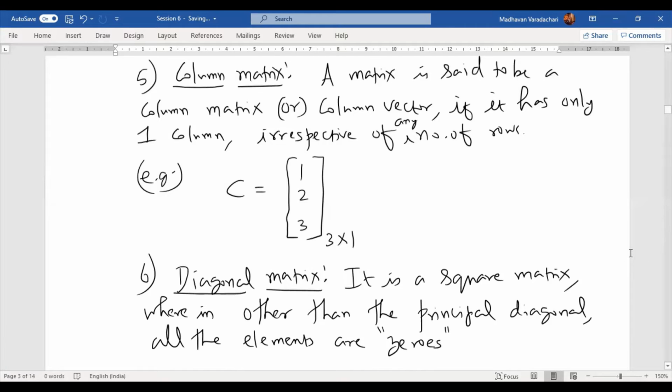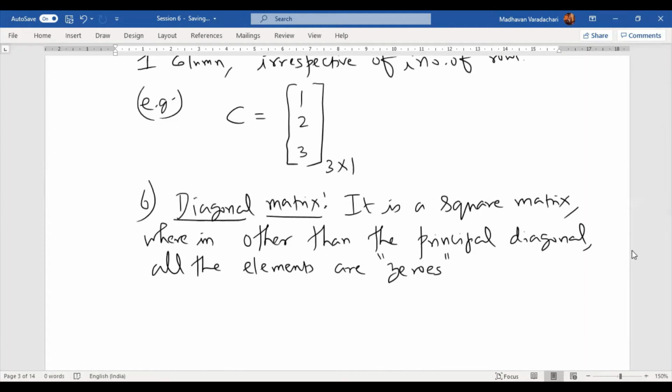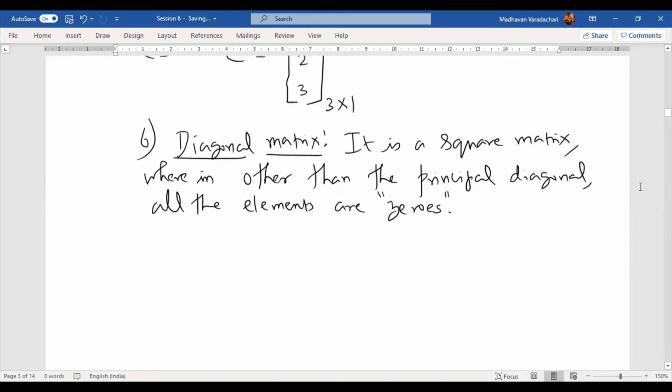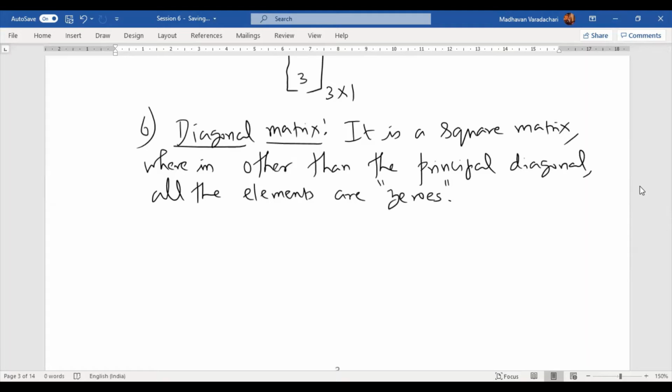Here we have one word which came, principal diagonal.